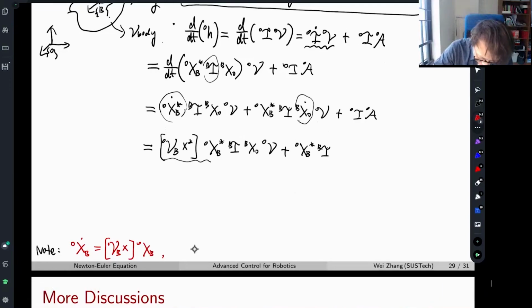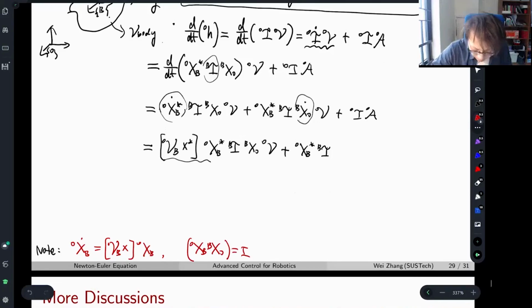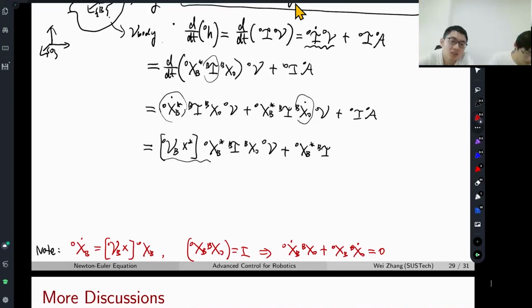So the fact you need to know is that X_BO times X_OB is the identity, the 6-dimensional identity. If you take the derivative, that means X_BO dot times X_OB plus X_BO times X_OB dot equals 0.